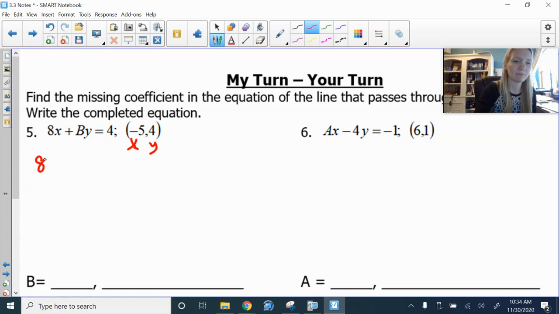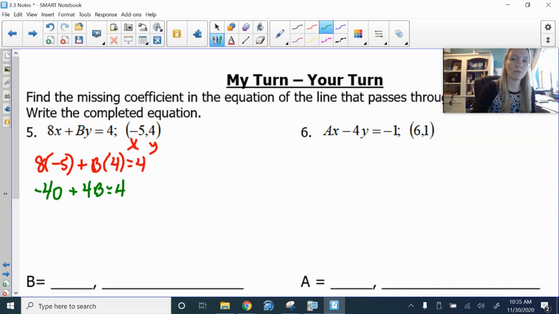So I have 8, and I'm going to plug in x. X is negative 5. B times y is 4, equals 4. So I'm going to multiply those. So I have 8 times negative 5, which would make a negative 40. B times 4 is just going to make 4b equals 4.